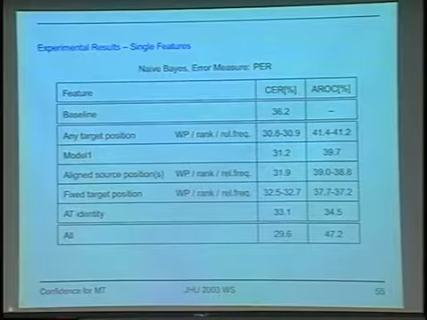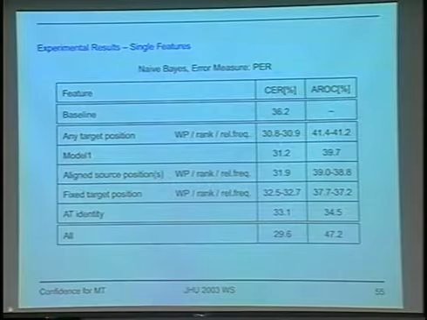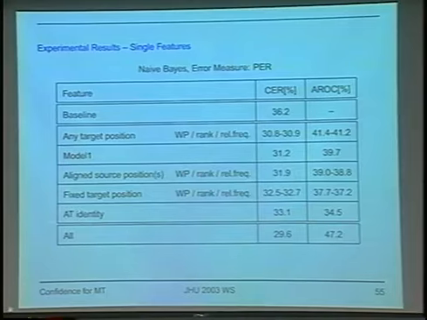Then the next best feature was model 1 in our case, which is only slightly worse. And then we get the word posterior probabilities, ranks and relative frequency with regard to the aligned source positions, and the same with respect to the fixed target positions. So this set of features seems to work quite well. And here we have the alignment template identity, but it's just the alignment template containing that word.